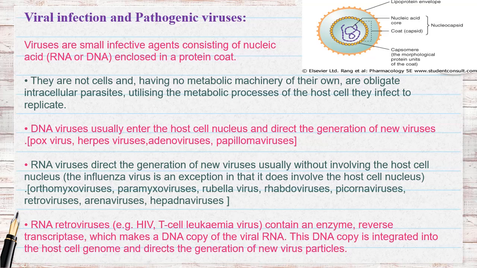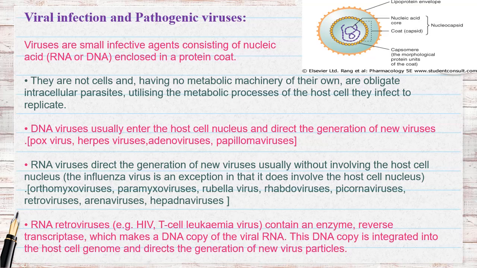Once they enter the host cell, under the influence of the enzyme RNA polymerase, they are transcribed into mRNA. So viral DNA here is getting converted to mRNA by using the enzyme RNA polymerase. This transcription takes place, and this is followed by translation of mRNA into virus-specific proteins.